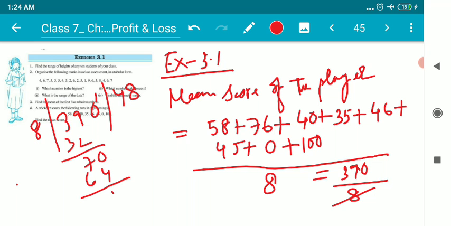I get a 4 over here, put a point, take a 0, 5 8s are 40. So it is coming, children, 48.75.